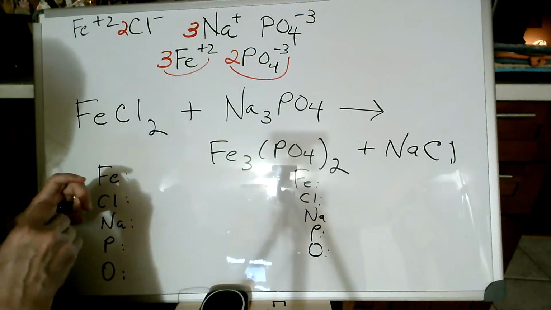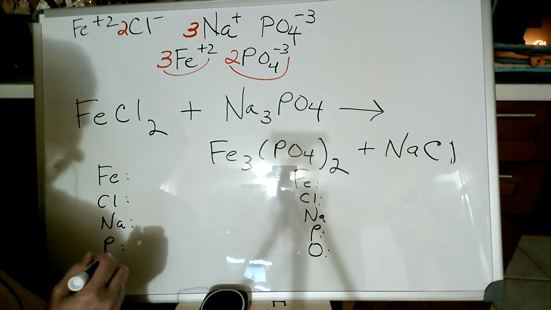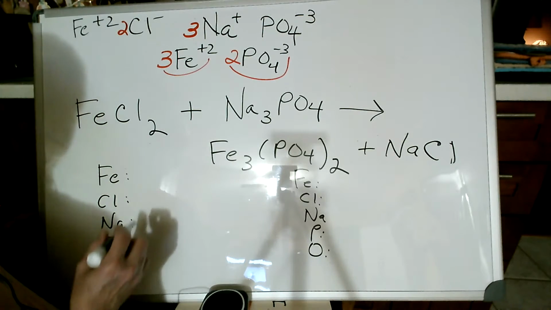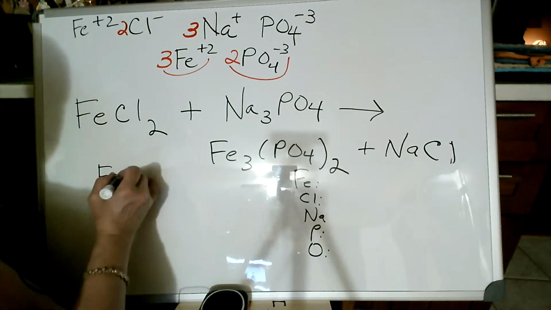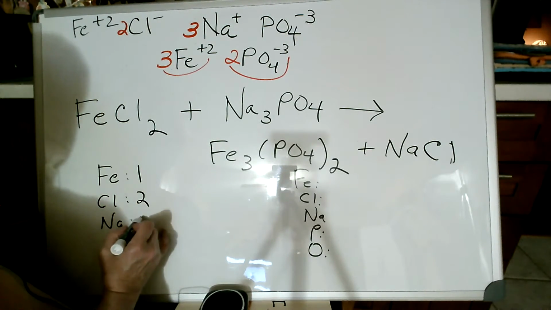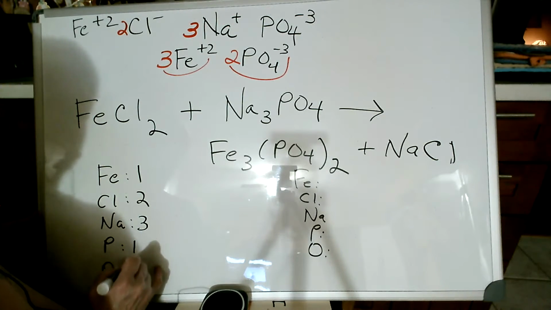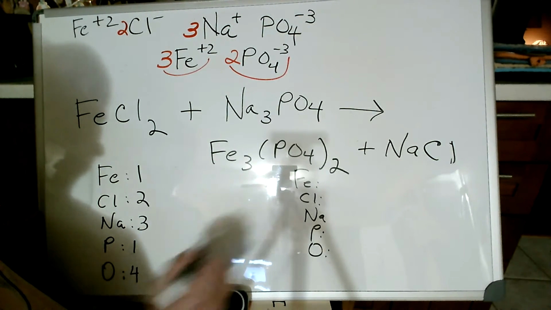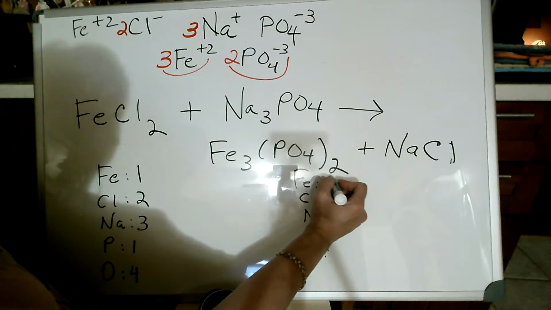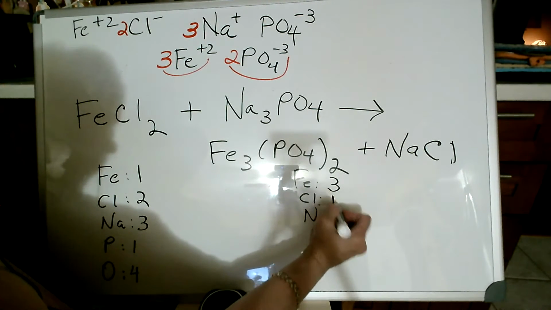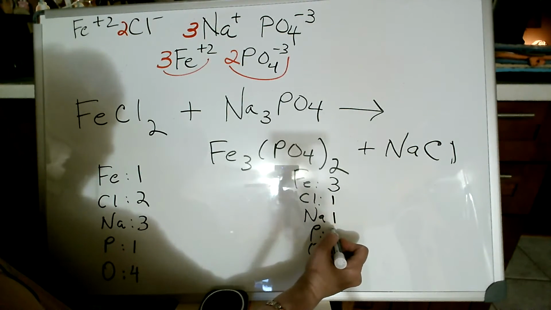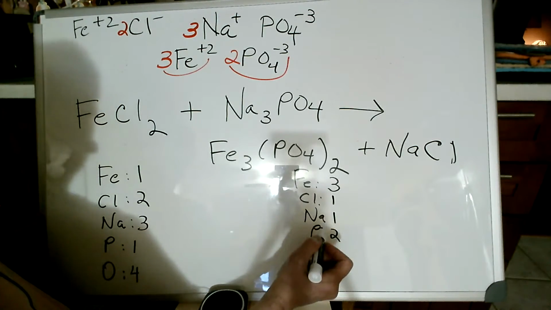You're going to get some practice problems given to you as well. All right, on the reactant side, 1 iron, 2 chlorines, 3 sodiums, 1 phosphorus, 4 oxygen. On the product side, 3 iron, 1 chlorine, 1 sodium, 2 phosphorus, and 8 oxygen.